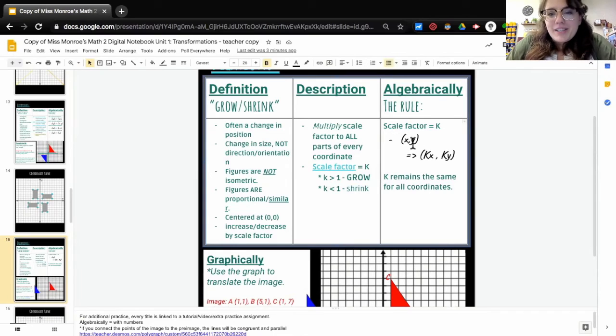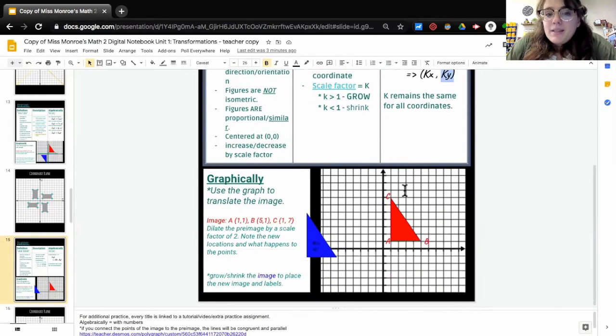You take your x and your y, and now you have k times x and k times y. K remains the same for all coordinates.